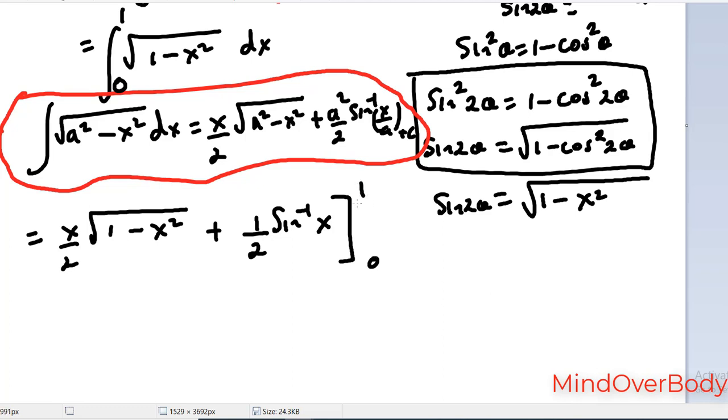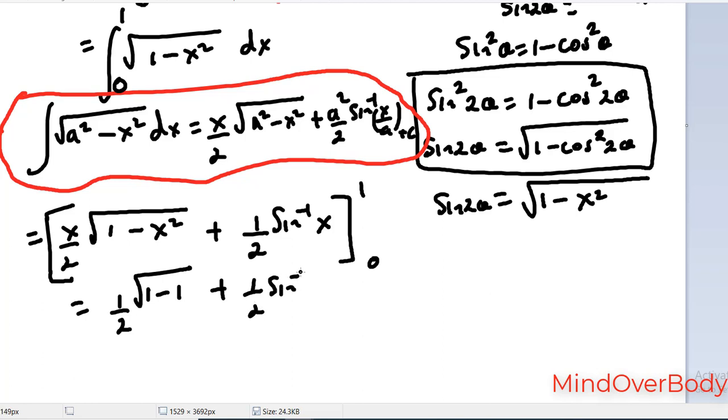We don't have to place the arbitrary constant, we need to just place the limits. So if I place 1 in place of the upper limit, it's going to be 1 over 2 times the root of 1 negative 1 squared, which is 1, positive 1 over 2 times sine inverse of 1. This is the upper limit minus the lower limit. I need to substitute 0.